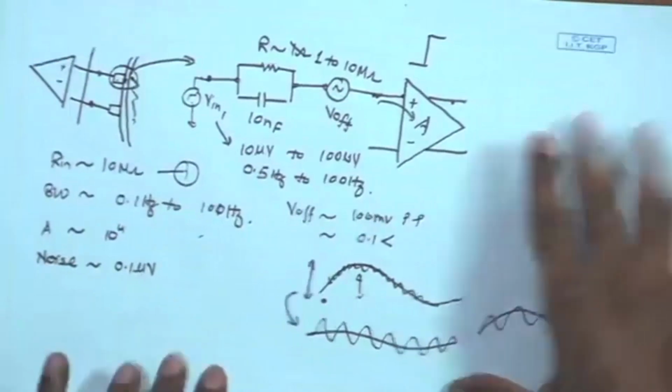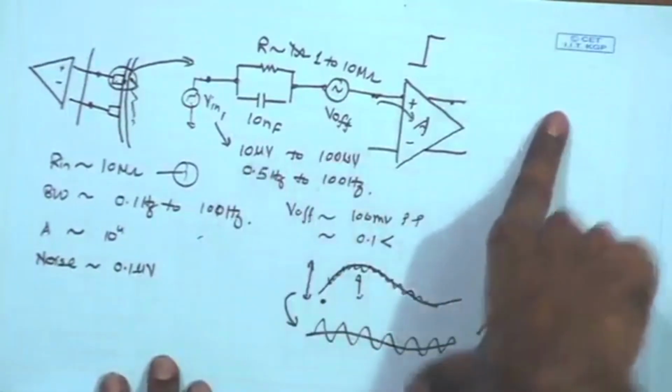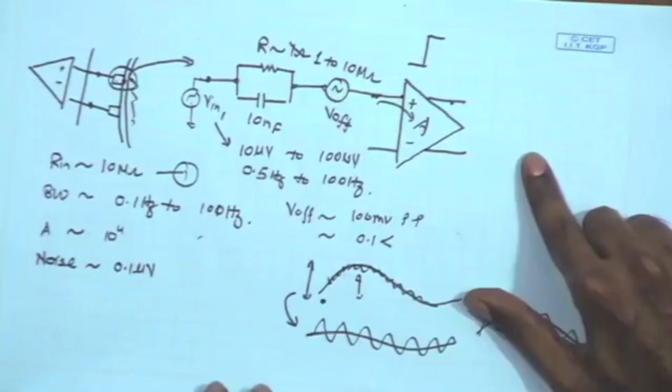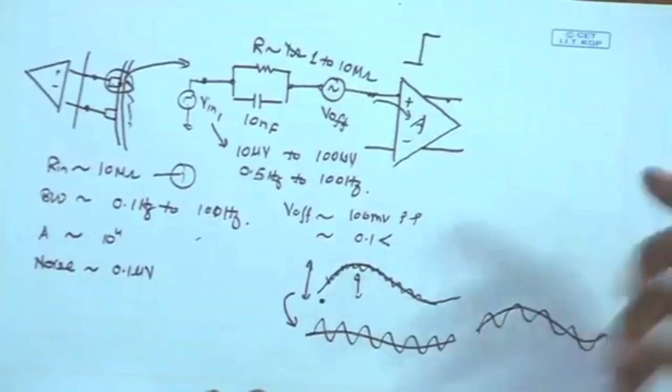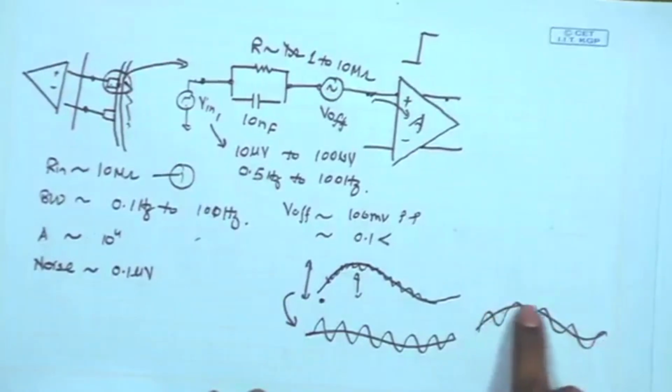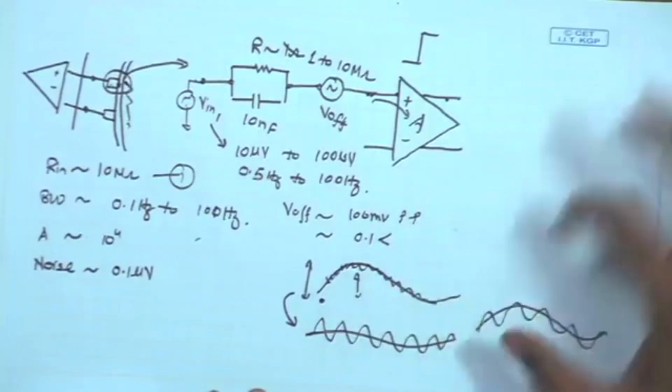So, in that case what we are assuming is this weak 10 microvolt signal will be able to get to around 100 millivolt before reaching the ADC, and in that case even if we assume that the undesired signal has not been suppressed, it will still be comparable to it or even larger than that, still we have enough room.